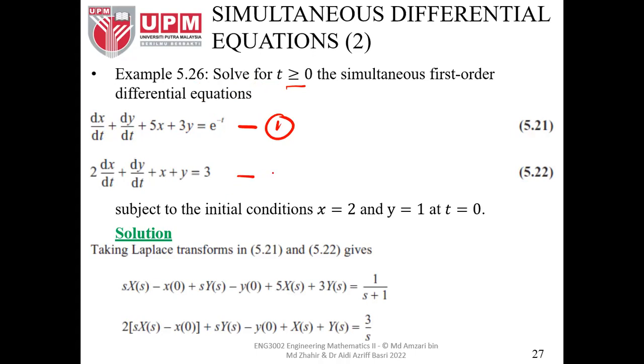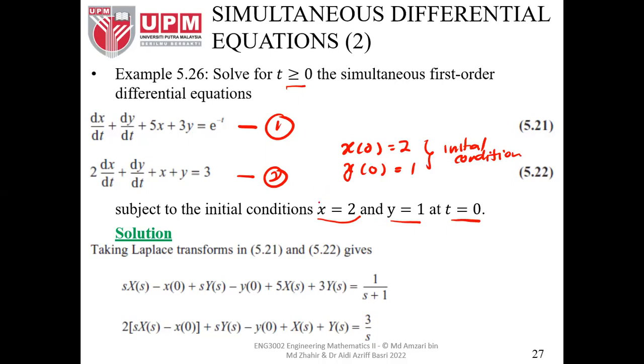And you have another equation: 2 dx/dt plus dy/dt plus x plus y equal to 3. The condition is x equal to 2 and y equal to 1 at t equal to 0, so x naught is equal to 2 and y naught is equal to 1. This is your initial condition.